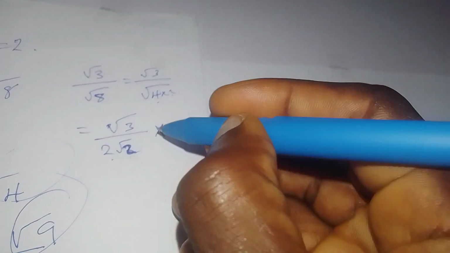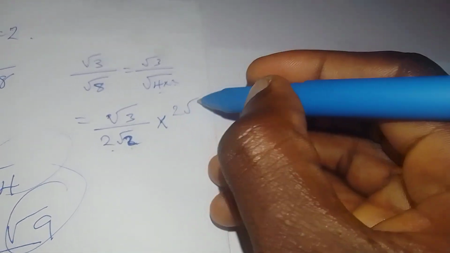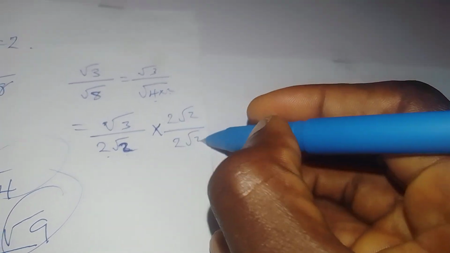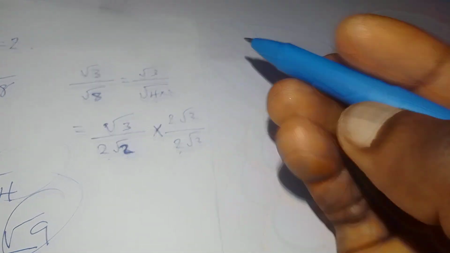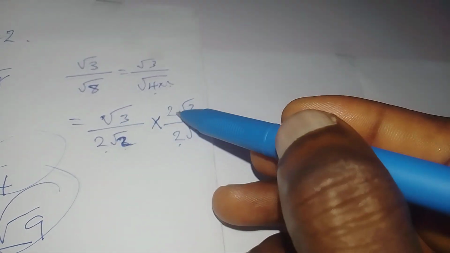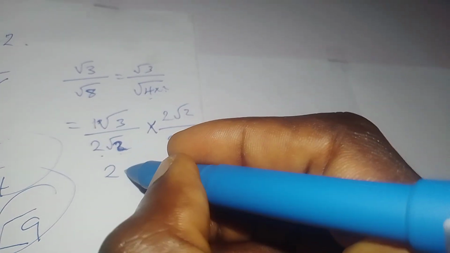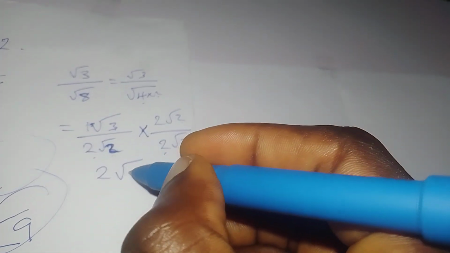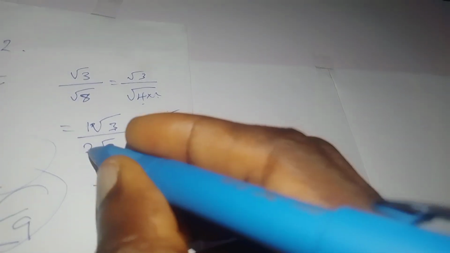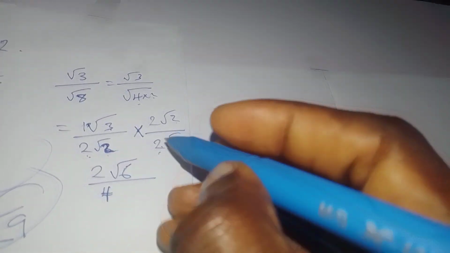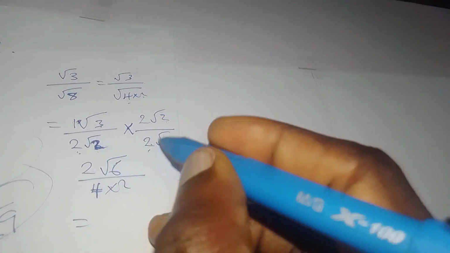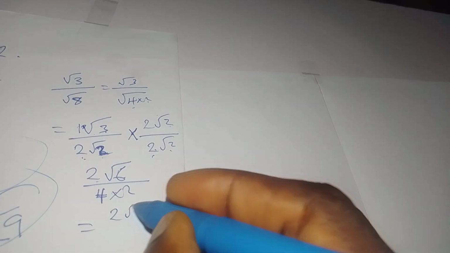Now to rationalize, you multiply by the denominator, that's 2 root 2 divided by 2 root 2. Don't go and divide this, please. So what are we going to have? Root 3 times root 2 is root 6, divided by 2 times 2 is 4, and root 2 times root 2 is 2, so we have 2 root 6 over 8.